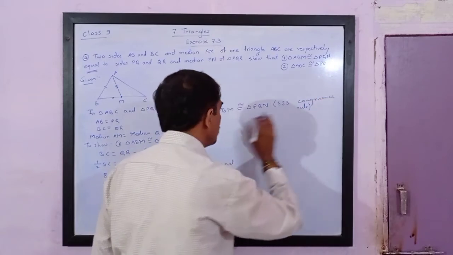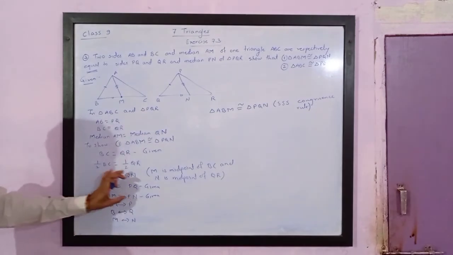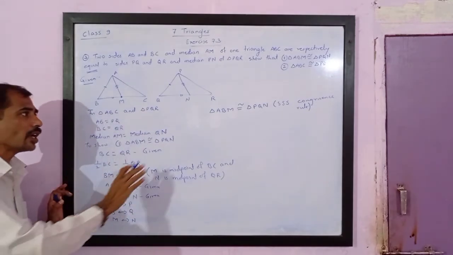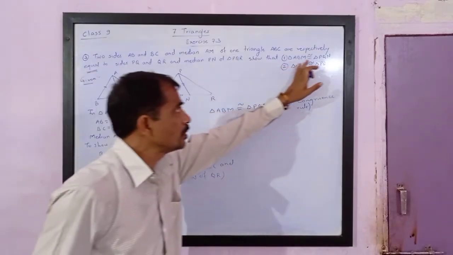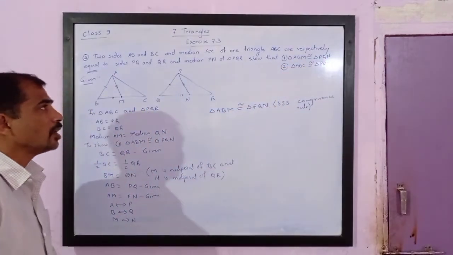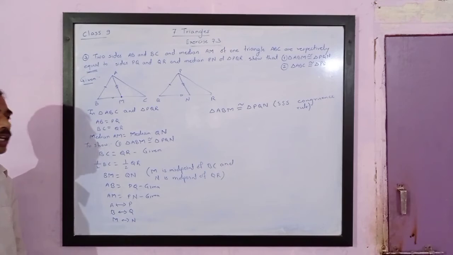That is, all three sides of one triangle are congruent to all three sides of the other triangle. Hence, two triangles are congruent by SSS test. Now, that was only asked: show that triangle ABM is congruent to triangle PQN.